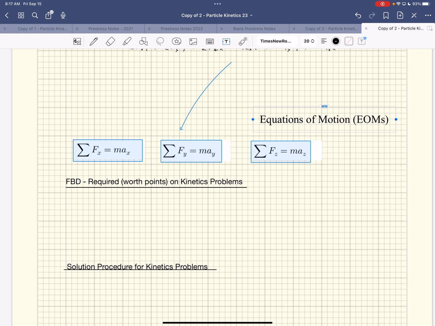Okay. Now, the other thing I do, like I said, I try to lay these things out and be as procedural as possible. So I'm just gonna give you a checklist, if you will, for what you need to do for your free body diagrams, right? I say these are required. I think statics does the same thing. You must draw a free body diagram. I absolutely insist on it. It's worth points. If you don't include a free body diagram in one of these problems, I will dock you for it, right?